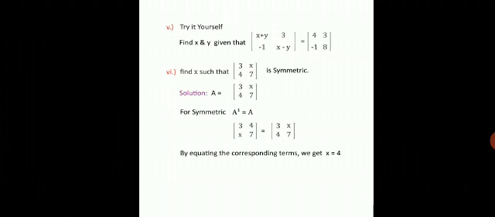Find x such that 3x 4 7 is symmetric. The condition here is a symmetric matrix.